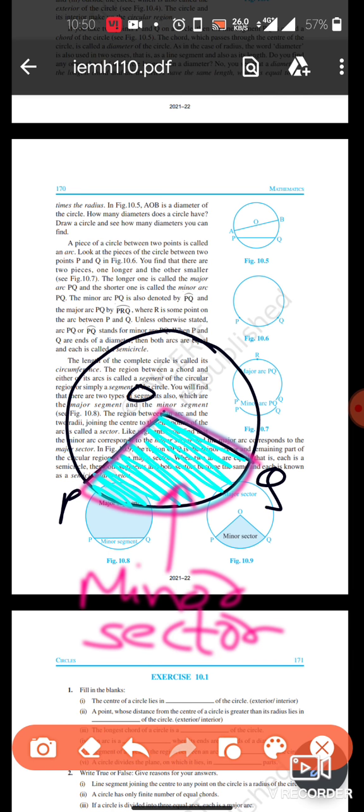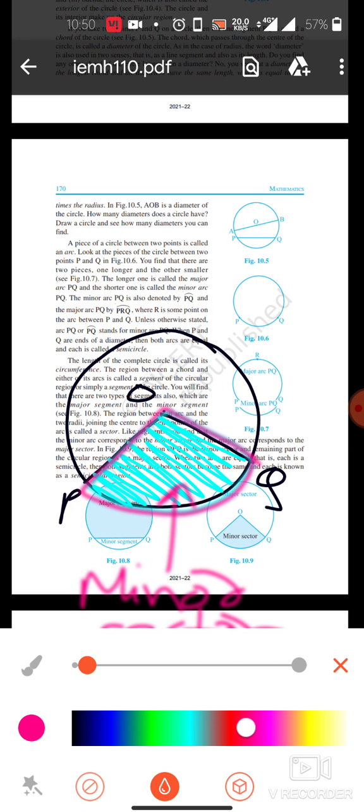And the area formed by the major arc and the two radii, which are the same, that is OP and OQ.